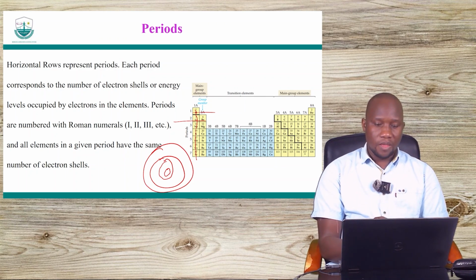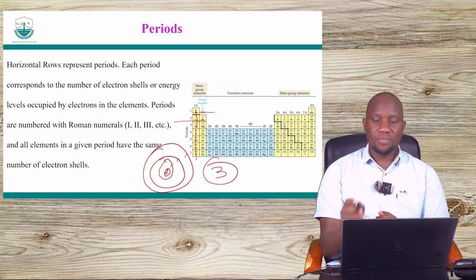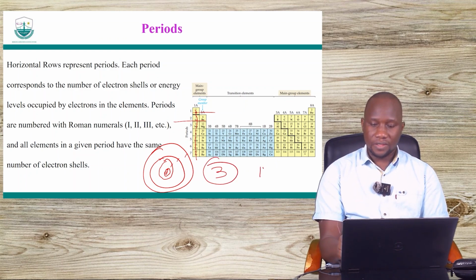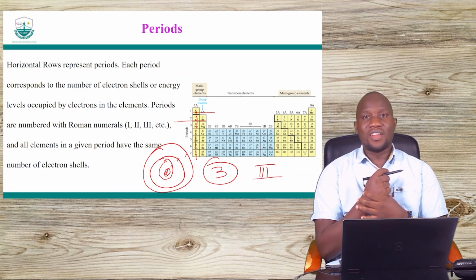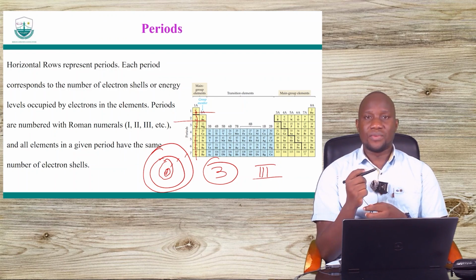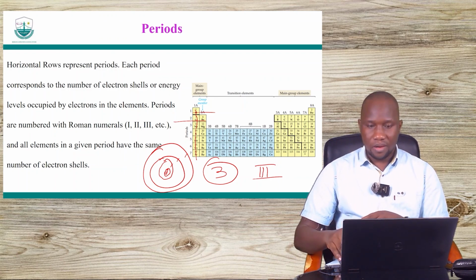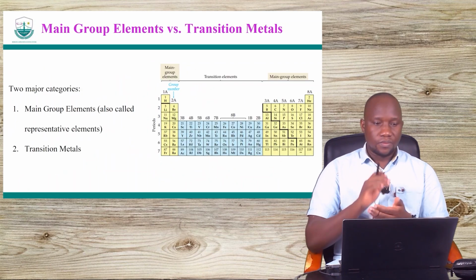Okay, so if this is the nucleus, this element here has energy levels 1, 2, 3. So it belongs to period 3. And we write the period in Roman numerals, the same way we write the groups. They're also written in Roman numerals.